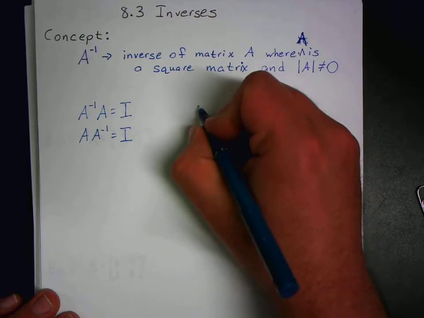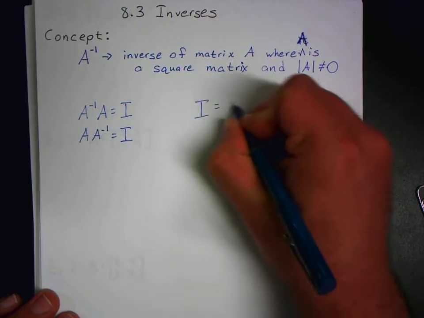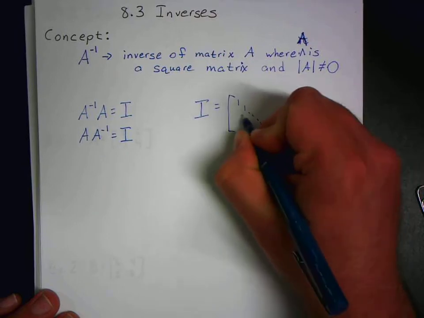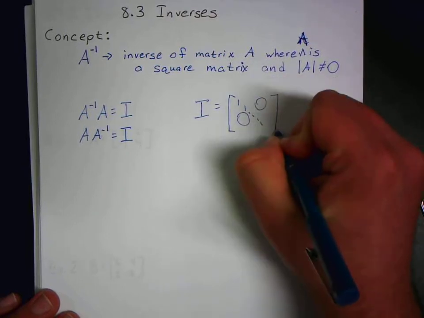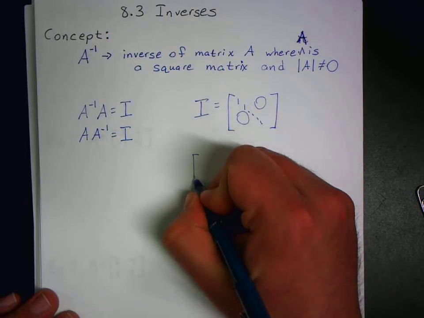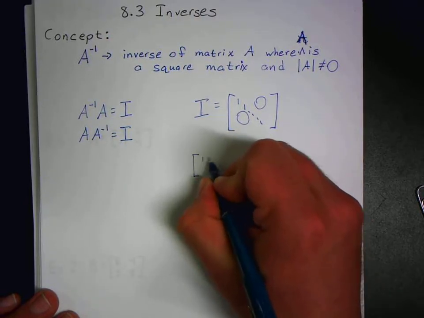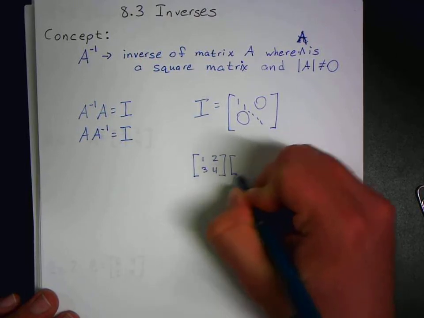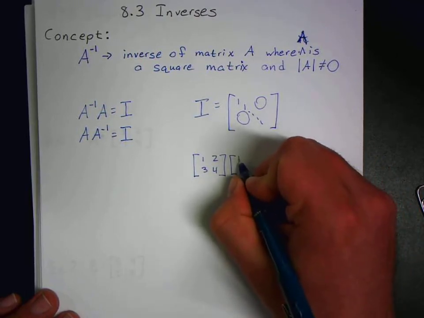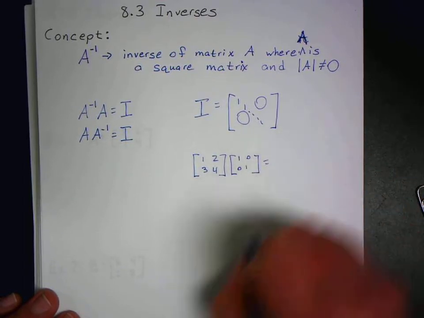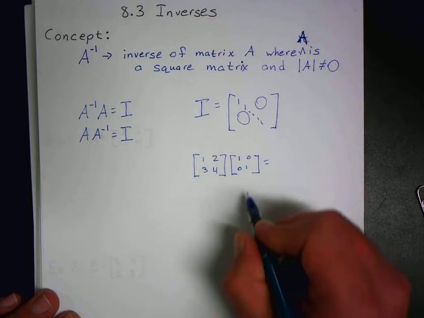I is your identity matrix. I is the one where you have 1s down the diagonal and 0s every place else. It acts like the number 1. So if I take any matrix times the same size identity matrix, I will always get that matrix back.